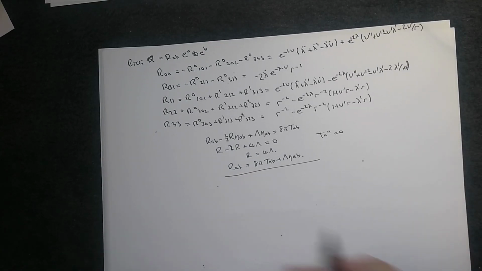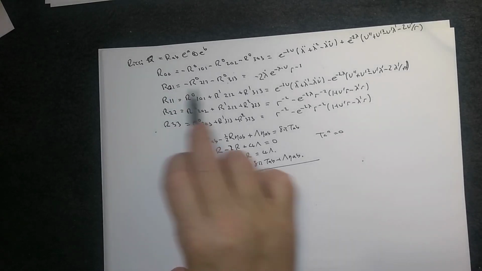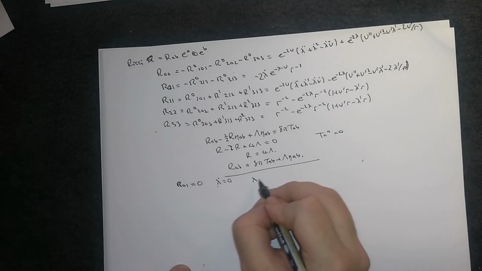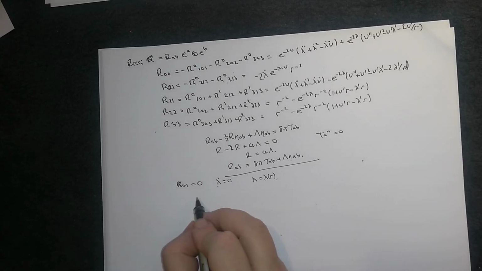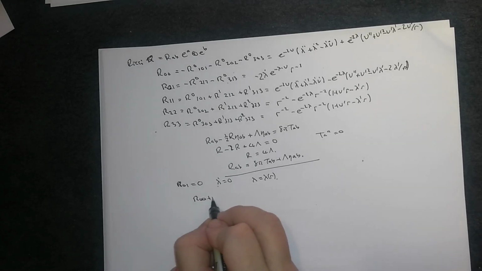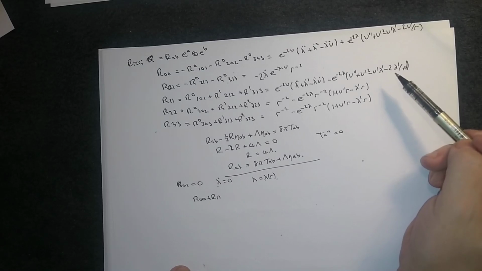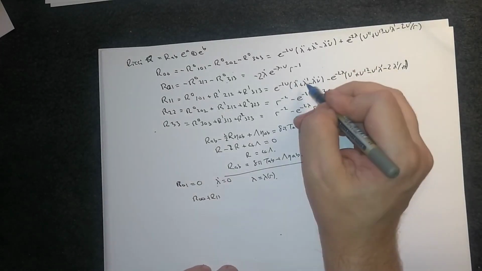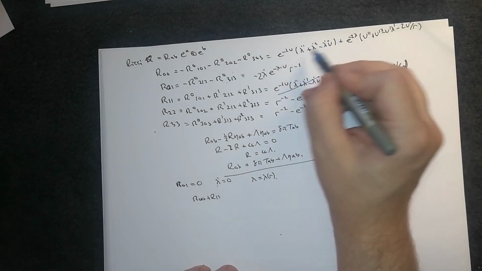Okay, we know that R01 is therefore 0, so therefore lambda dot is 0. So lambda is just a function of r. Now R00 plus R11, given that we now can get rid of all those terms, are gone.